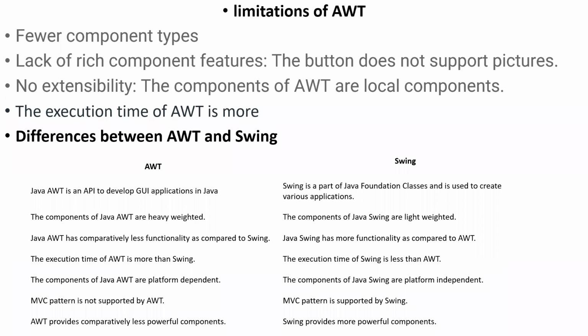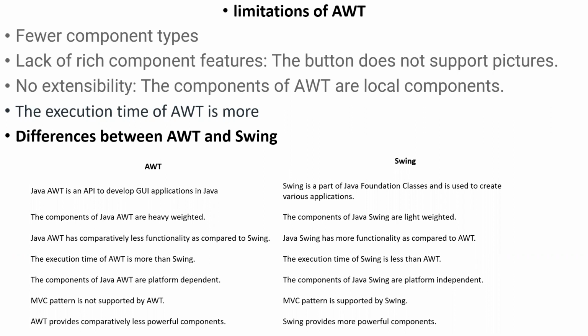Those boxes or things are known as components in the programming manner. Such component features are less in AWT and it is not extensible. We cannot extend further. Whatever built-in components are there, only those can be utilized in AWT.